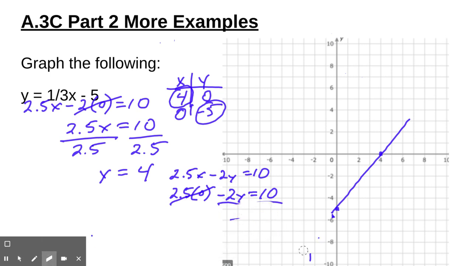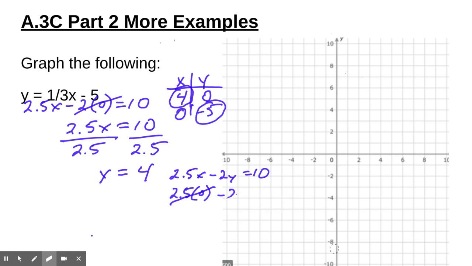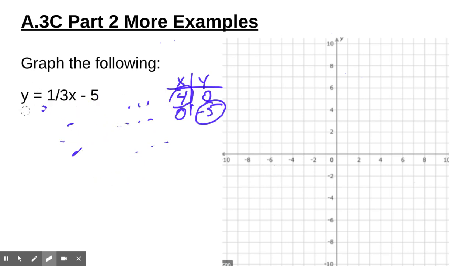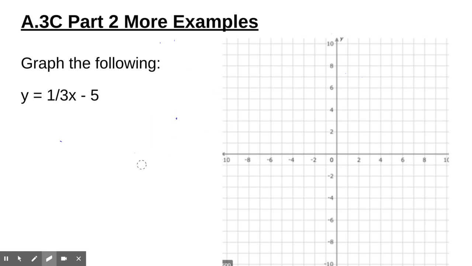I'll read this one. I'm cleaning it up. They want us to graph this one. This one has a fraction in it, but that's okay. Let's see if it comes out pretty good. Okay.